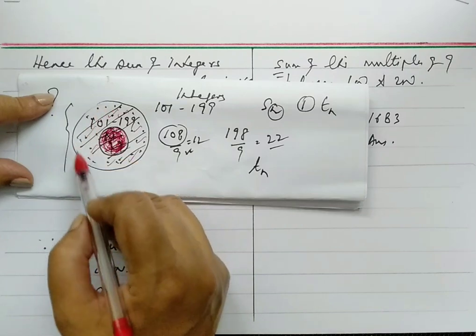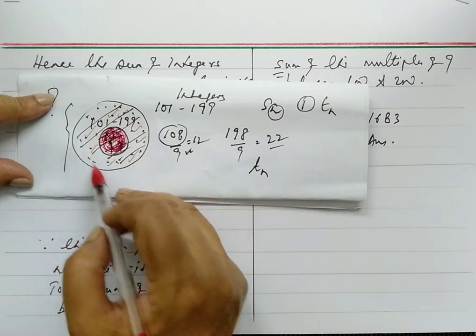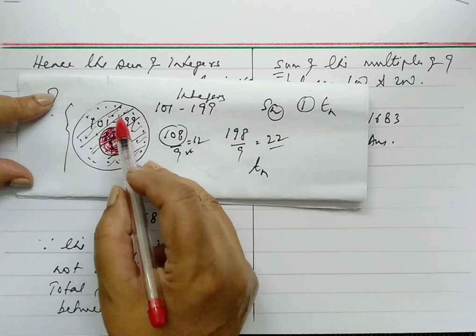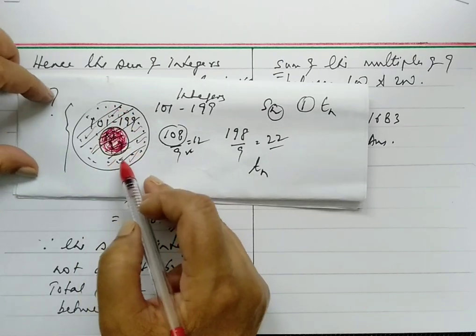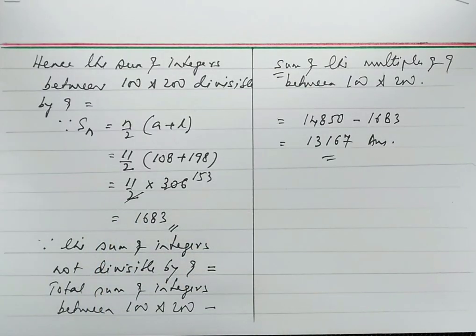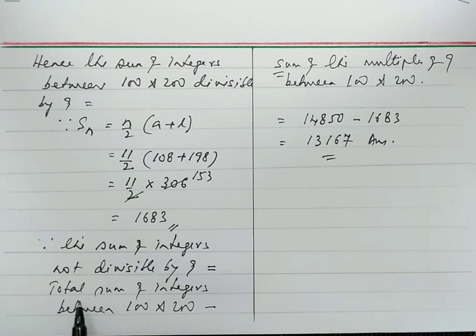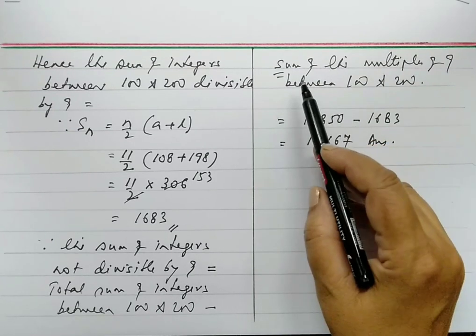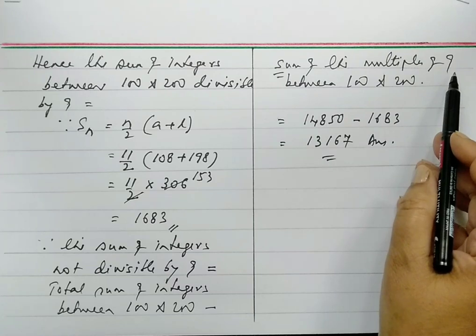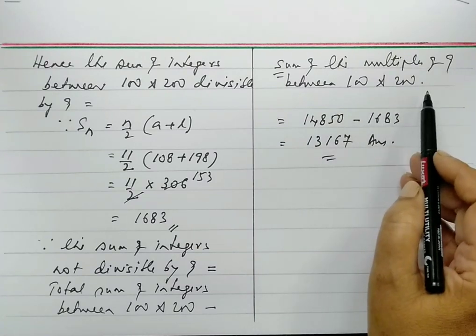We found the sum for this, then we found the sum for this, and now we subtract the smaller circle from the bigger circle. So the sum of the integers not divisible by 9 is found by taking the total sum of integers between 100 and 200 and subtracting the sum of the multiples of 9 between 100 and 200.